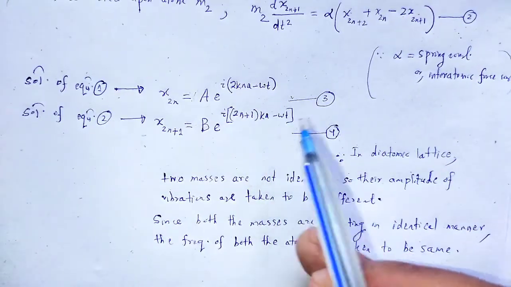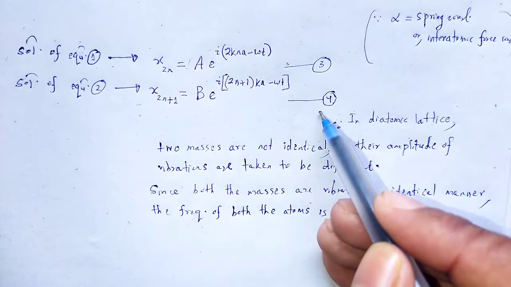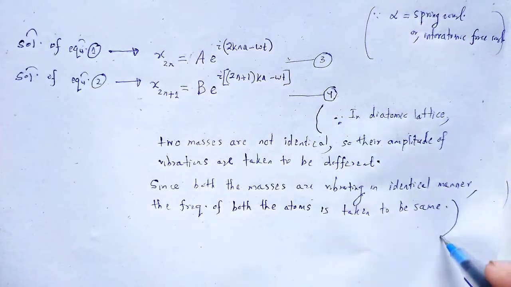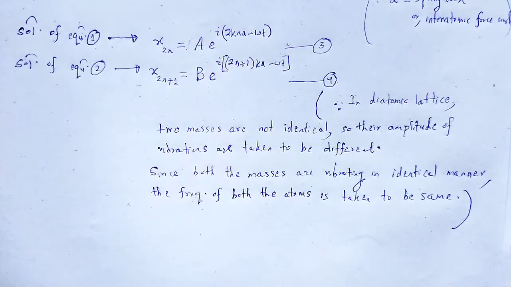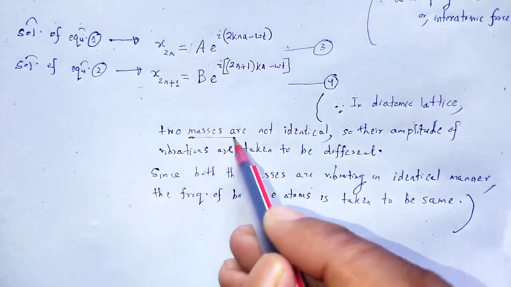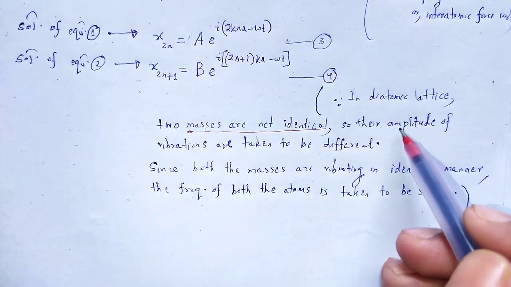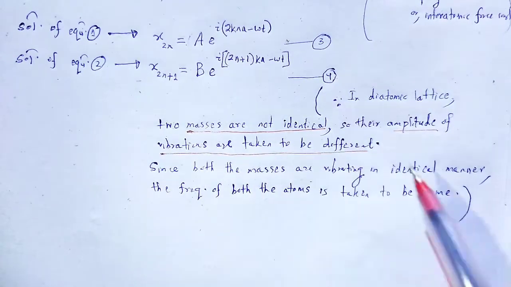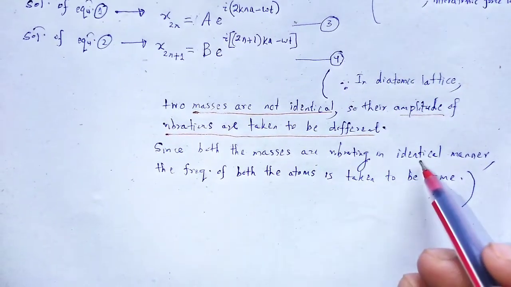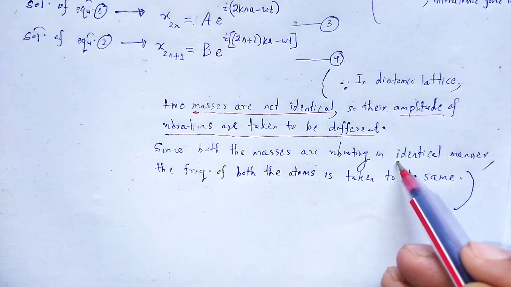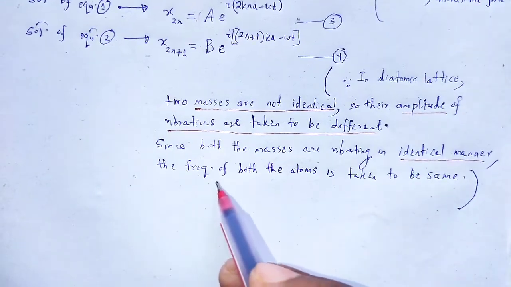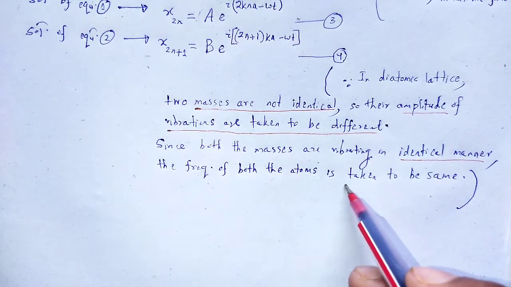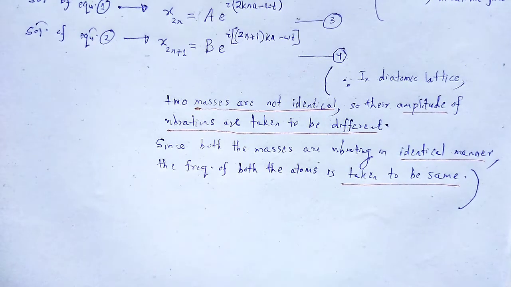Here there will be omega. It's an important point. Since masses are not identical, their amplitudes of vibration are taken to be different. Since the masses are vibrating in identical manner, the frequency of both atoms is taken to be the same.